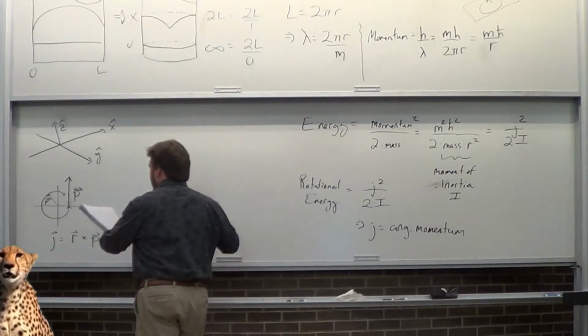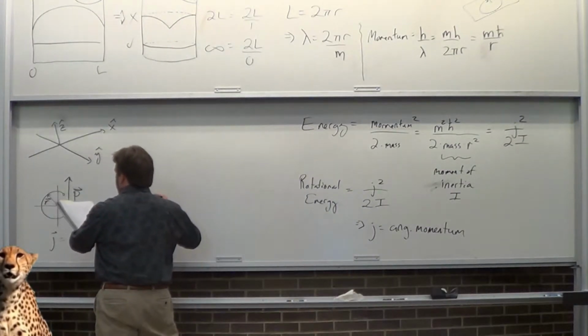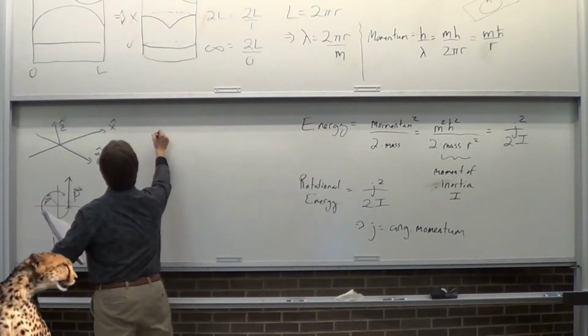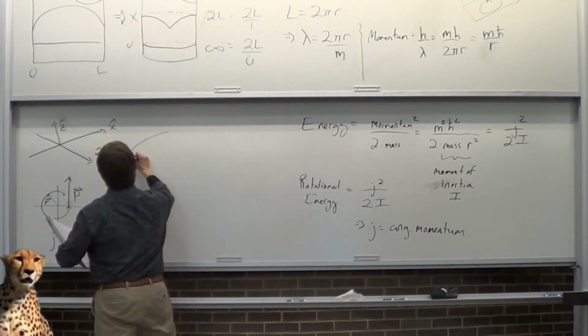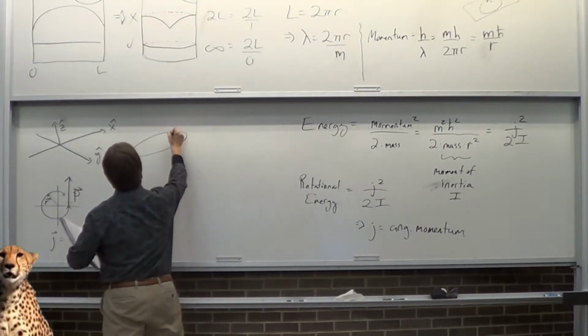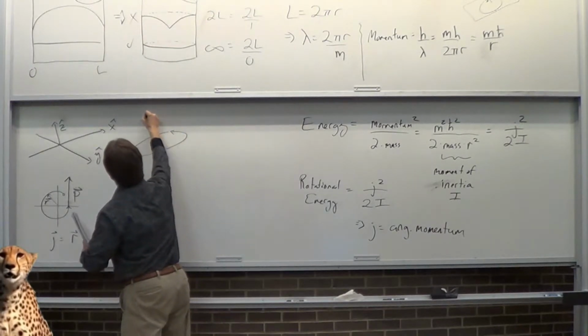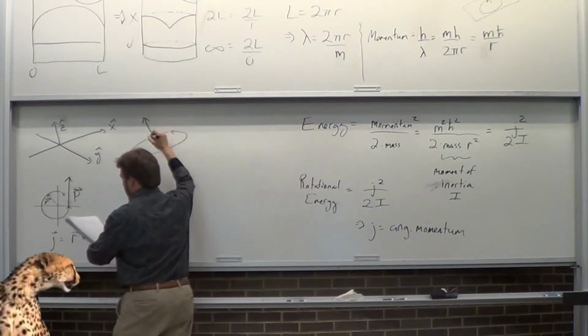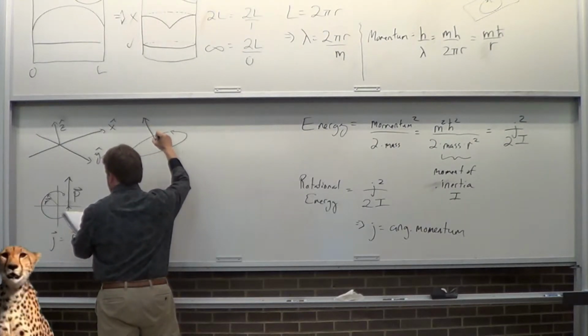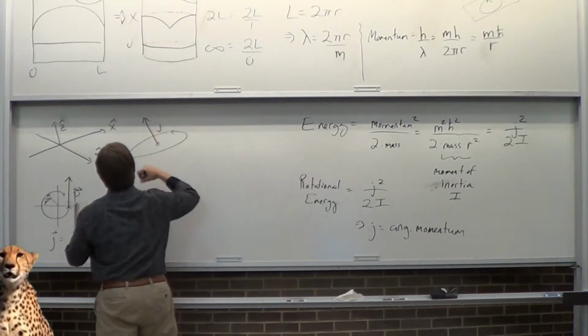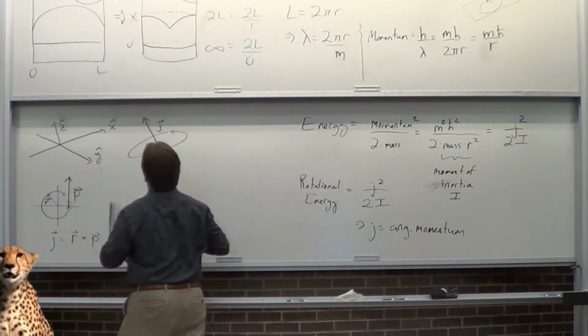And when something is rotating, and I have to be very careful about this, so I'm going to work across from this. So I'm still in the same plane. Here is the J vector. It looks like I drew it a little bit off, a little bit of a tilt. So there's the J vector.